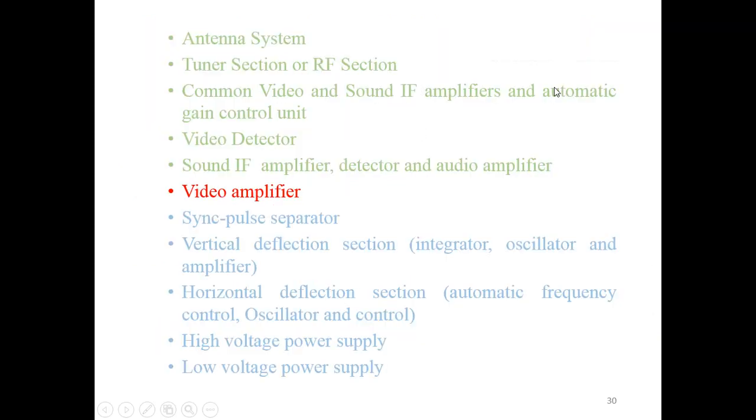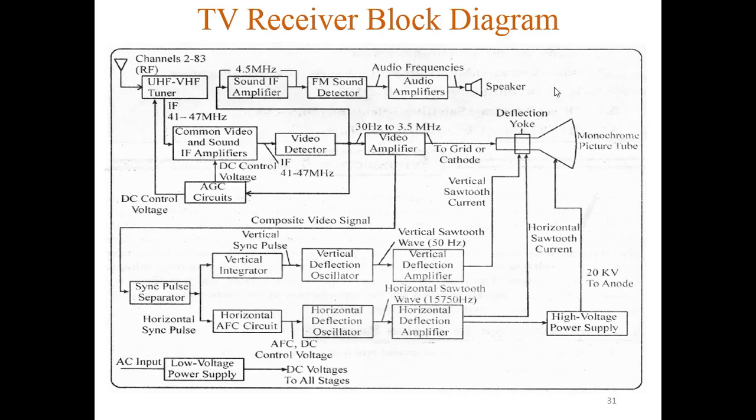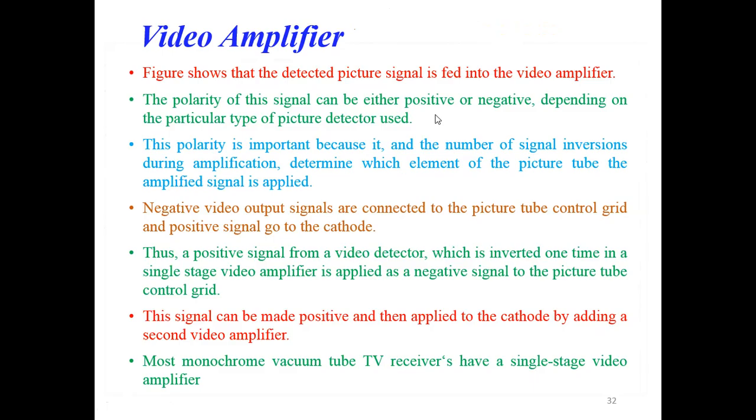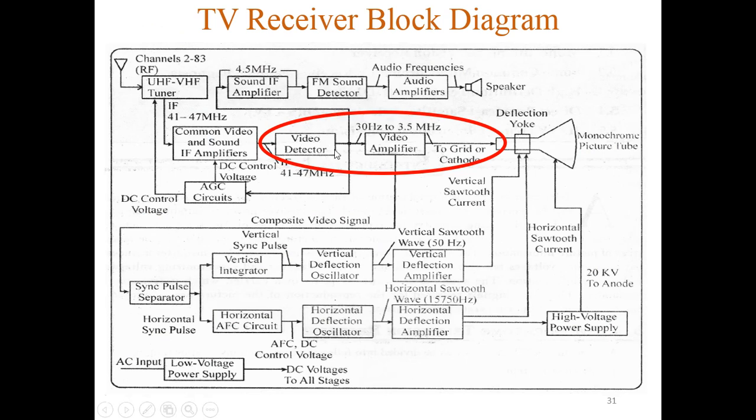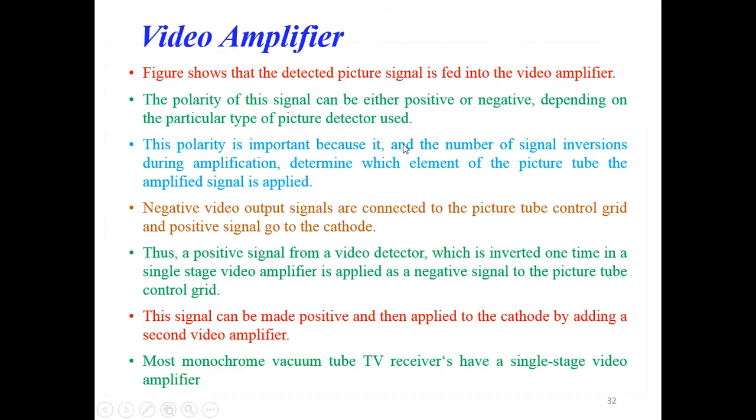Now we come towards the video amplifier. Here in the figure we can see that this is the part of the video amplifier. The detected picture signal is fed into a video amplifier.